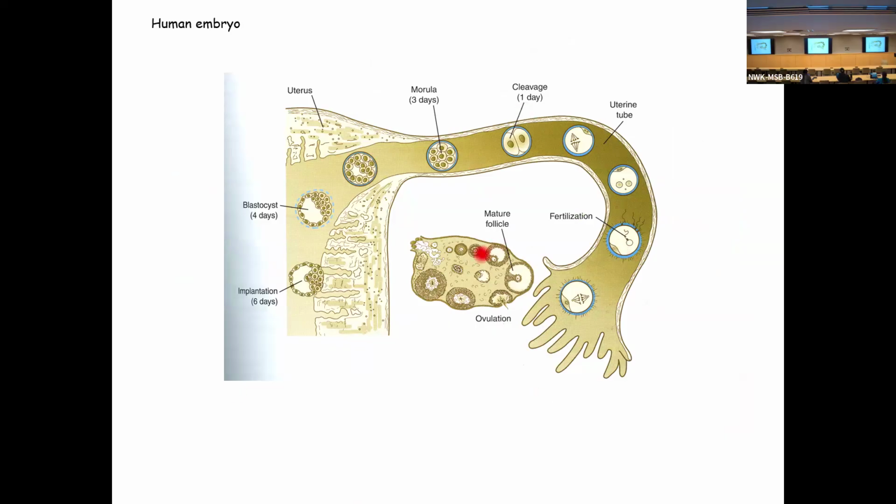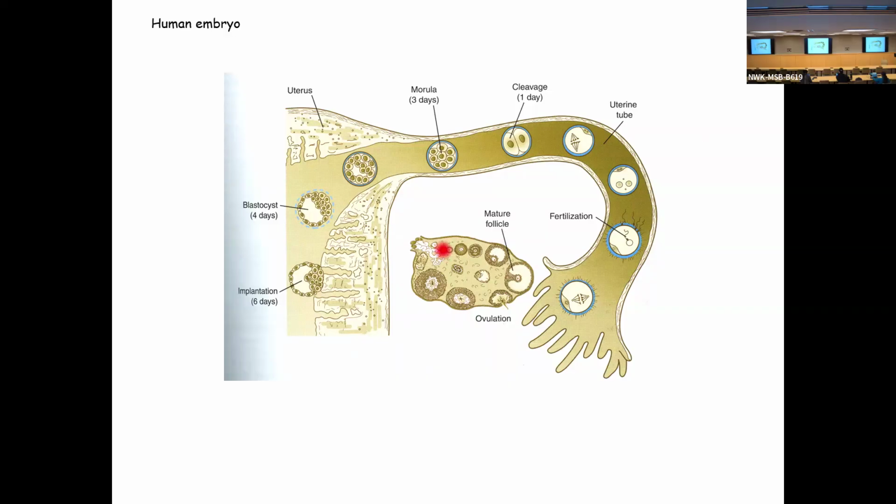During human development, we have the ovary. We have a cyclic development of the oocyte. Every 28 days, there is ovulation here.